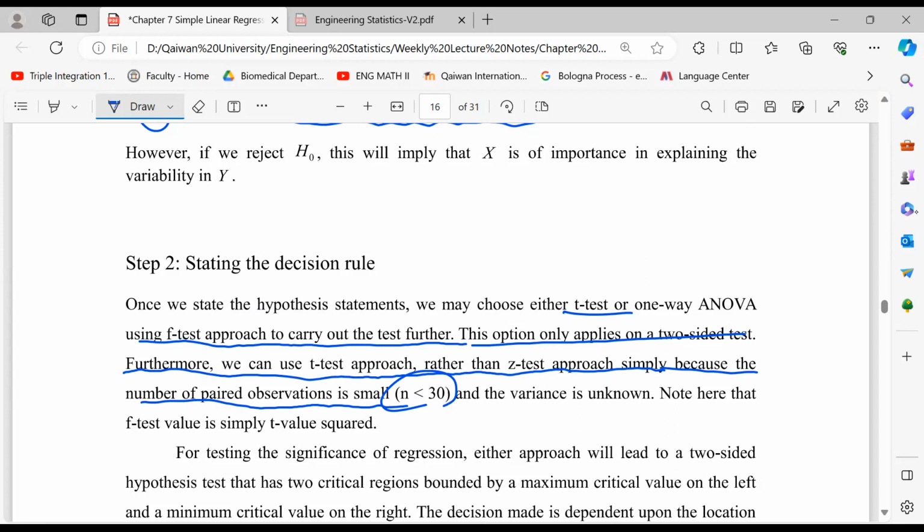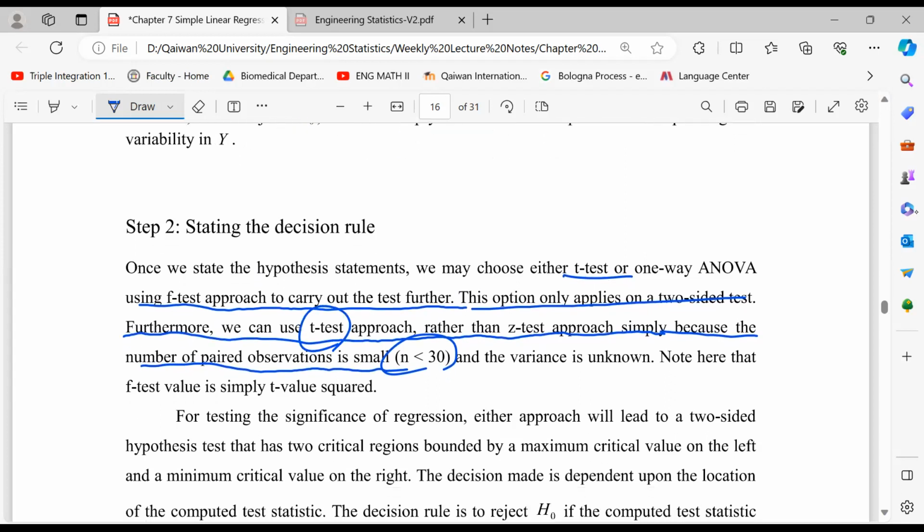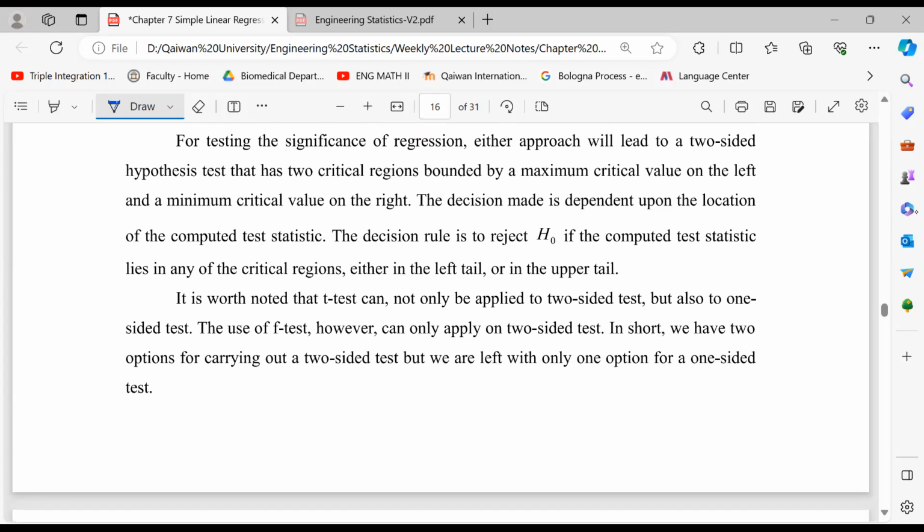It's always less than 30. That's why we use the t-test. But the F-test could be used even for those which are greater than 30. That's it.